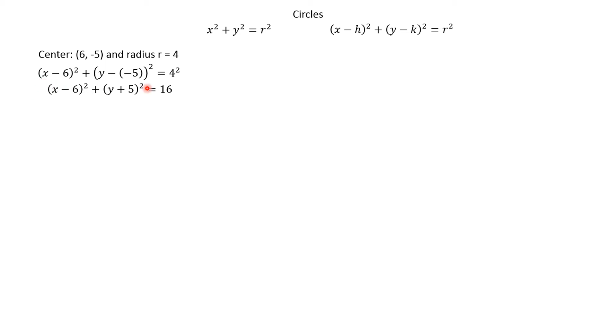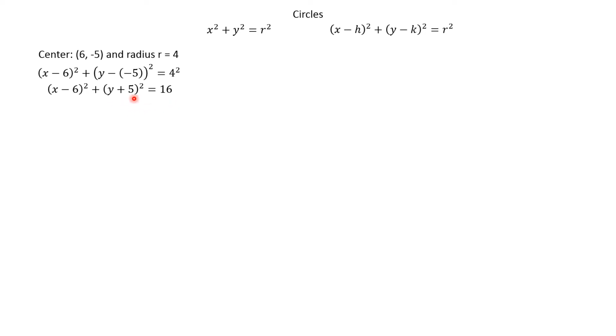This is where I'd leave it. Don't distribute this out, because first of all, x minus 6 squared is not x squared minus 36. You need the minus 12x in there, then it would be plus 36. And then same thing with the y's. And then it just gets big and complicated. This is standard form. It's where we can see the center and the radius, and it's all nice.